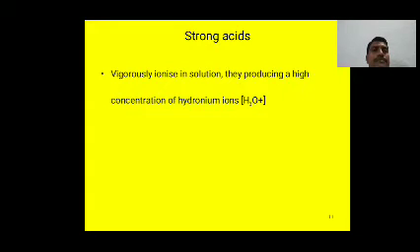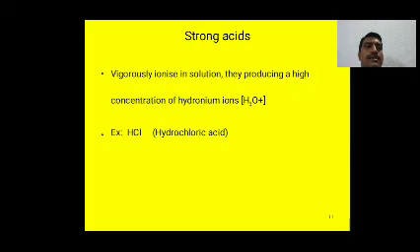Strong acids ionize vigorously in solution, producing a high concentration of hydronium ions, H3O plus ions. Example: HCl, hydrochloric acid, a strong acid, ionizes completely and produces a large number of H plus ions.